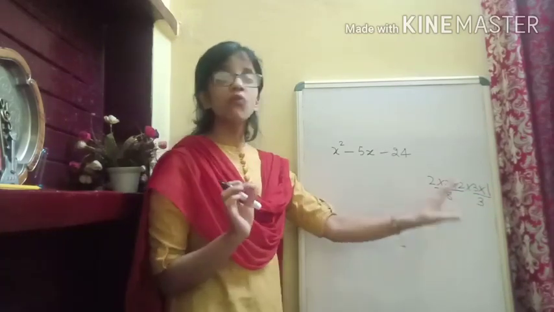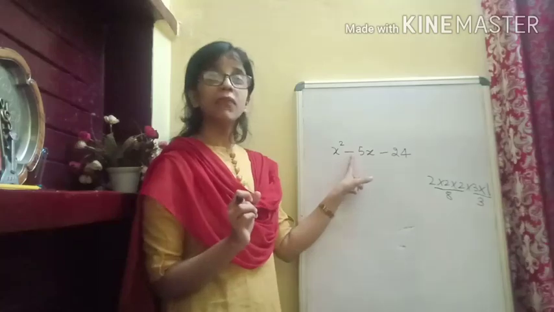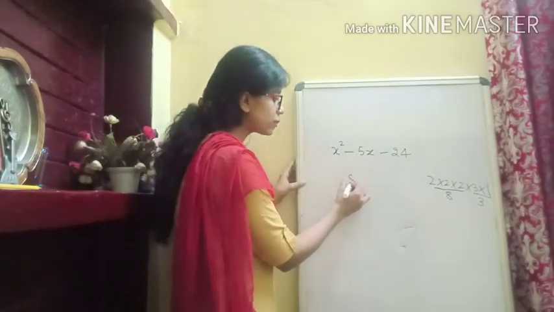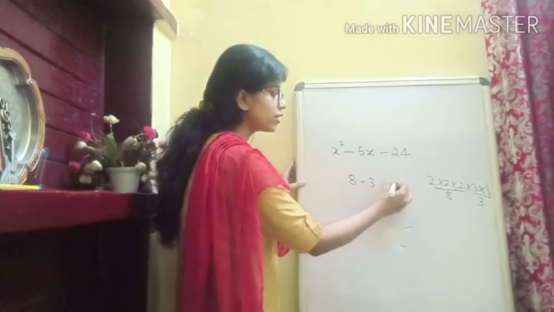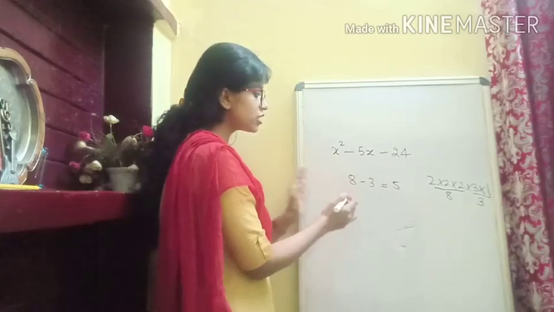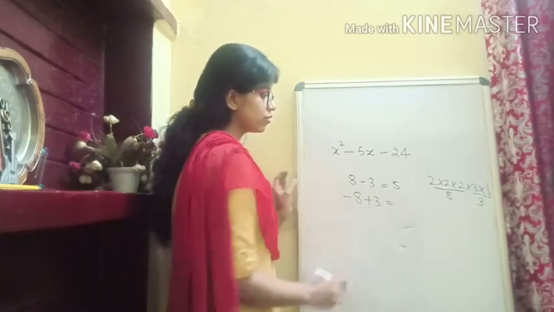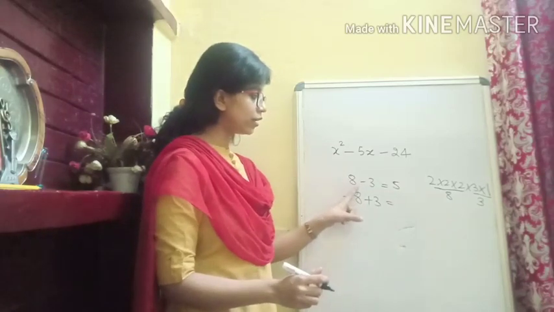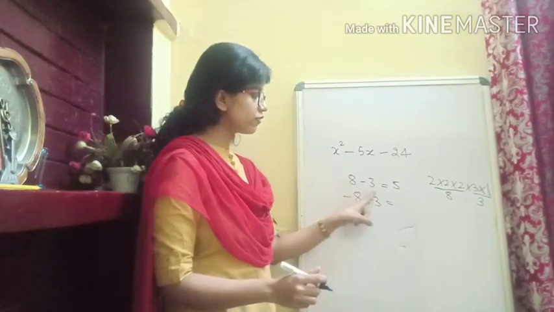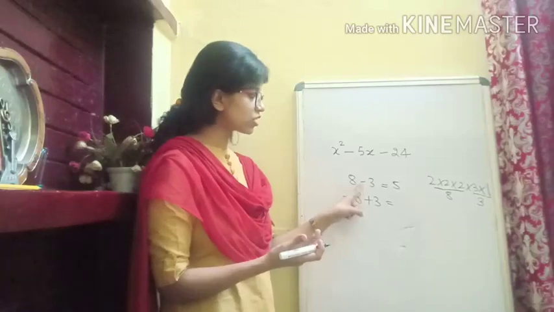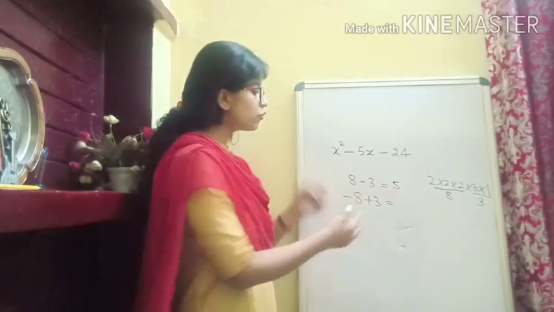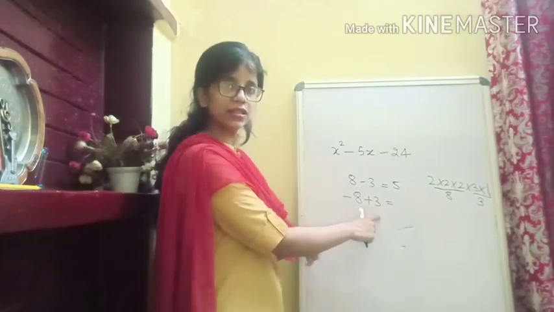Now we don't want 5, we actually want minus 5. So if you subtract 8 minus 3, that will give you 5. But if I change the sign, I will write minus 8 plus 3. See, in the first step we have taken 8 positive and 3 negative. That would be a subtraction and we are getting plus 5. What if I take minus 8 and plus 3?